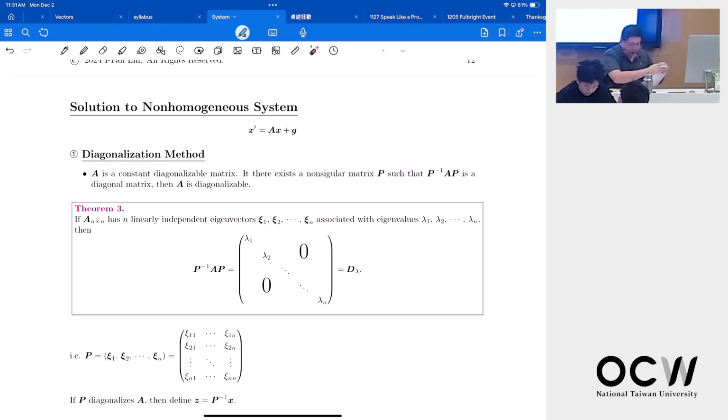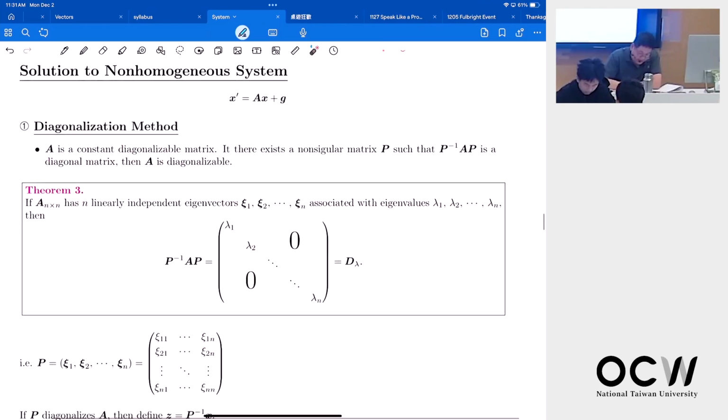So first, the diagonalization method. We say A is a constant diagonalizable matrix, then there exists a non-singular matrix P, such that P inverse AP is a diagonal matrix. A non-singular matrix, what does that mean?